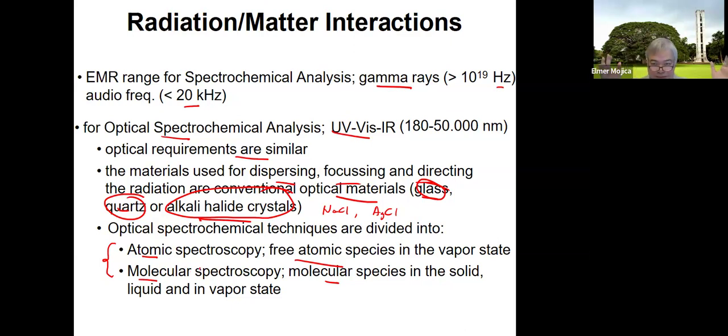If you look at the light source, maybe they have the same light source, but for the atomic one, you have to free the sample into atomic species, and the only way to do that is to heat it. Heating it will destroy it.